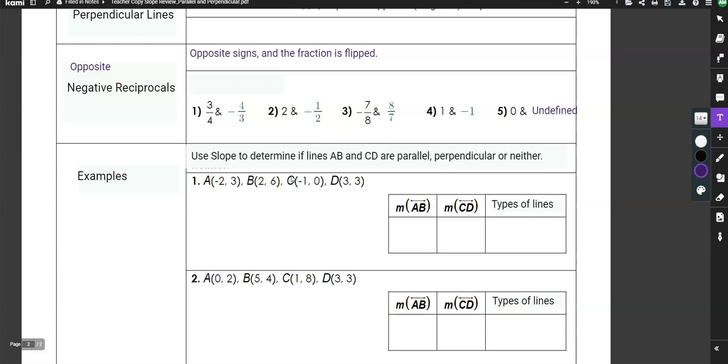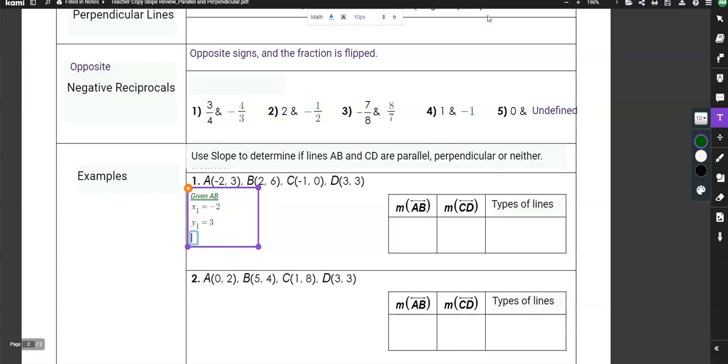Now, this is going to be a little bit difficult to show my givens, so it's going to take a few moments. And I'll do everything in a couple different colors. So first of all, number 1, I'm going to say this is my given for AB. And again, I'm just going to use A as x1, and that's going to be -2. And then I'm going to say positive 3 is going to be my y1.